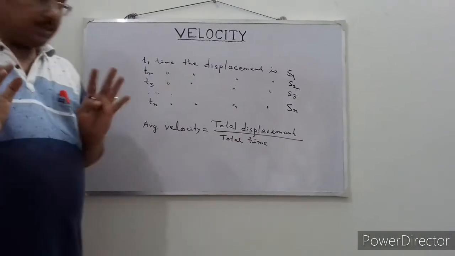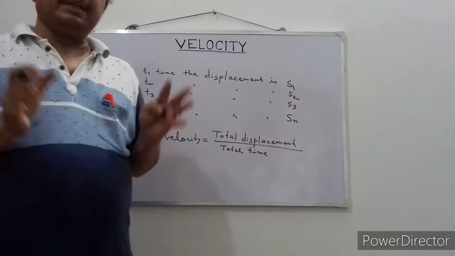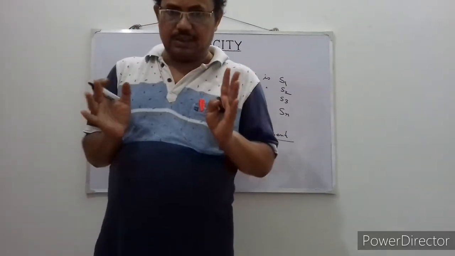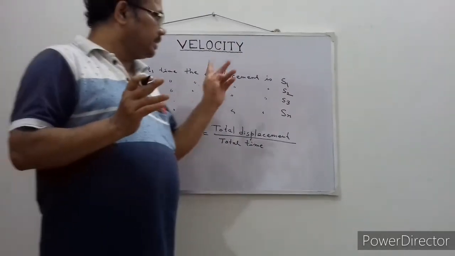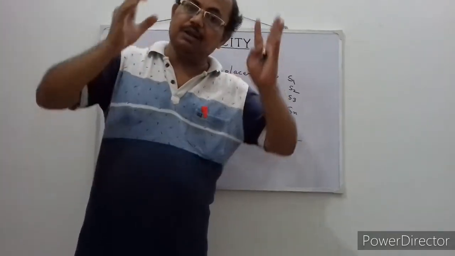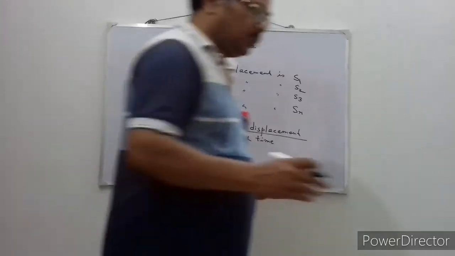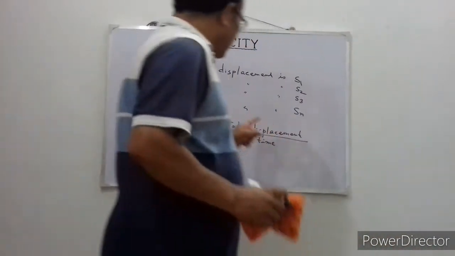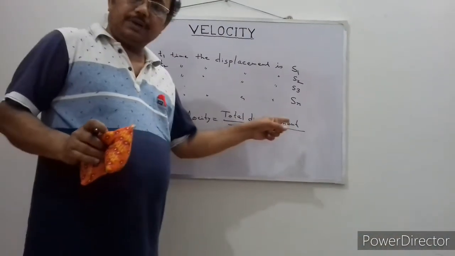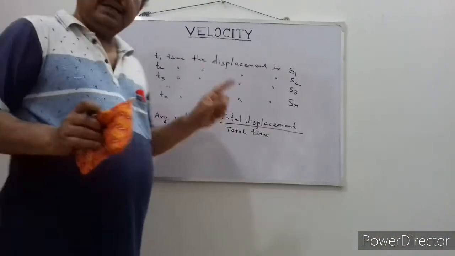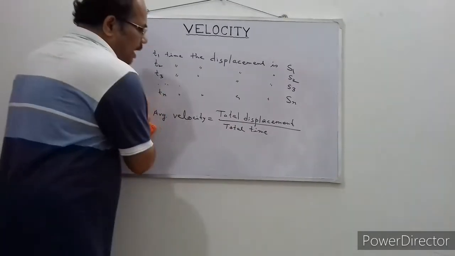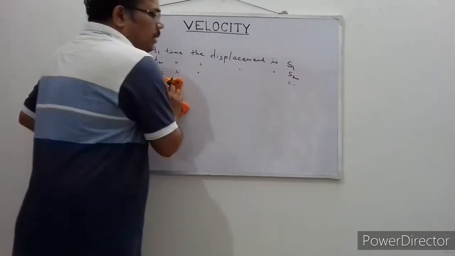What I mean to say is, during calculation of average velocity, don't take the average of the velocities. Rather, you have to calculate the total displacement first and divide by total time.